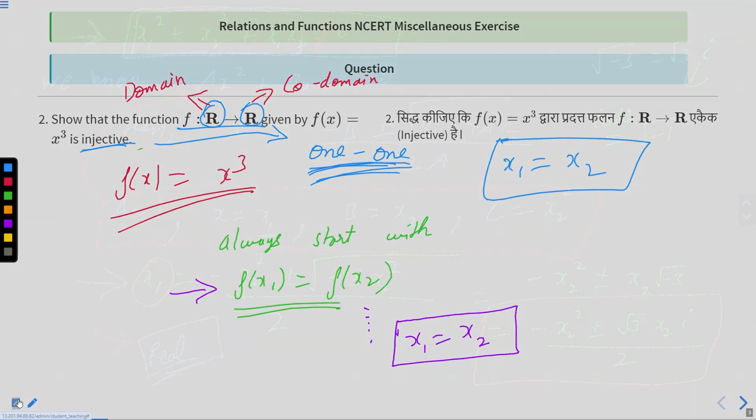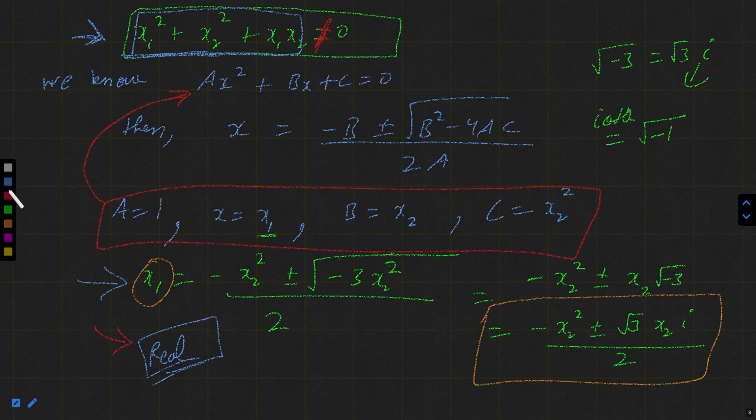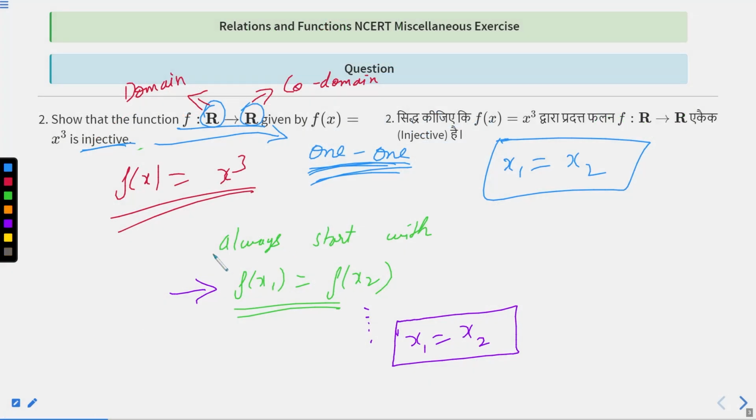The crucial thing is to get the idea that this expression cannot be 0 when we are talking about real numbers. Because if this is equal to 0, by the quadratic equation we can solve it for x1, or we can find the value for x2 as well, as both would belong to the complex numbers. I hope that it is clear to you.